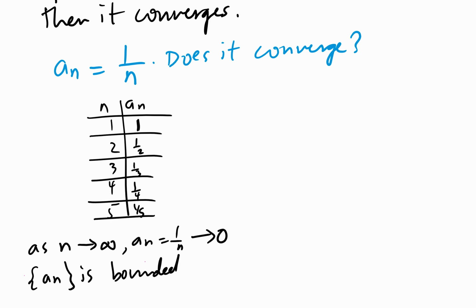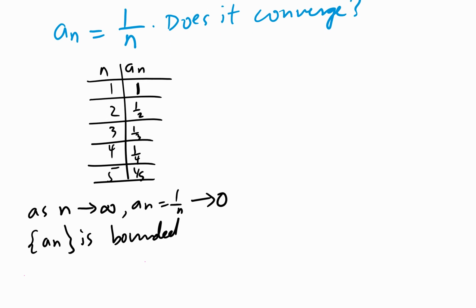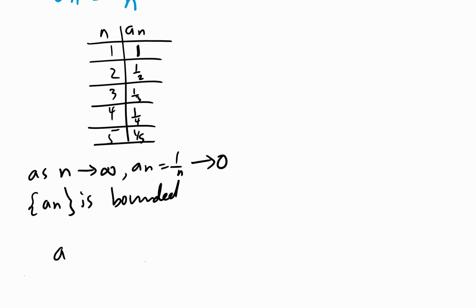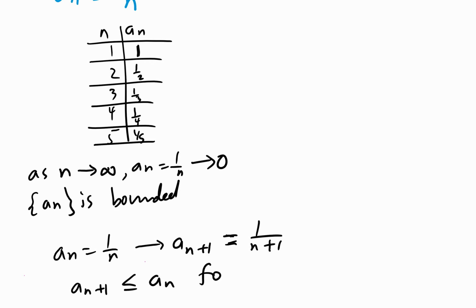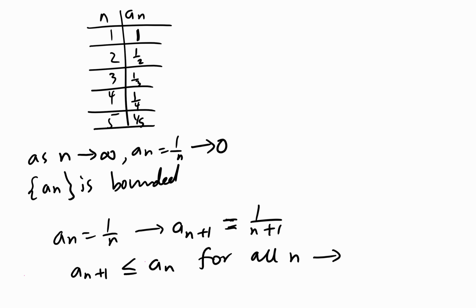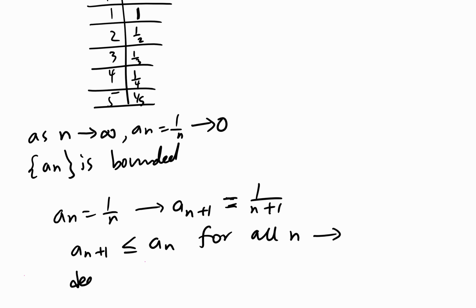Now, is it monotonic? Well, let's see. They give us a_n equals 1 over n. From here I find a sub n plus 1. And we know, because these are positives, the larger the denominator, the smaller the fraction. So a sub n plus 1 is less than or equal to a_n for all n. That tells us the sequence is decreasing. Decreasing means monotonic.